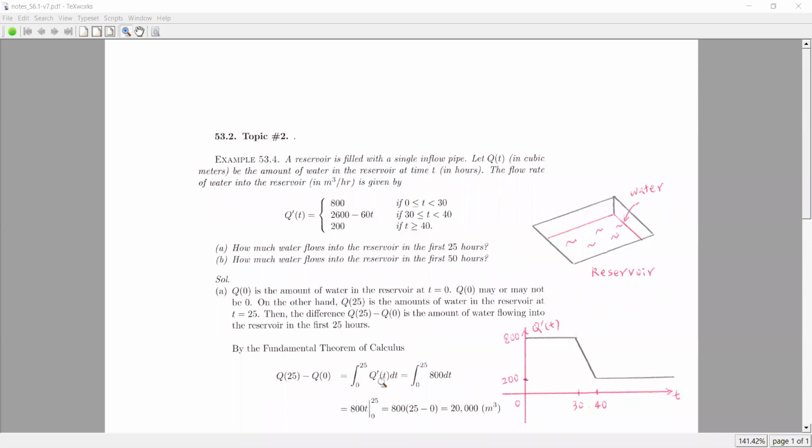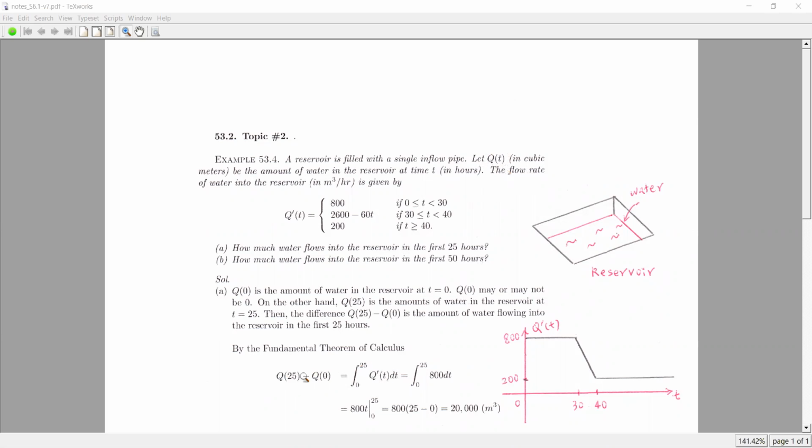One antiderivative of this function is Q of t, because if we take the derivative of Q of t, then we have this function. So, by the fundamental theorem of calculus, this integral is equal to this difference.